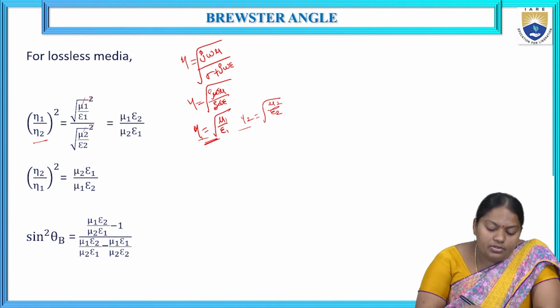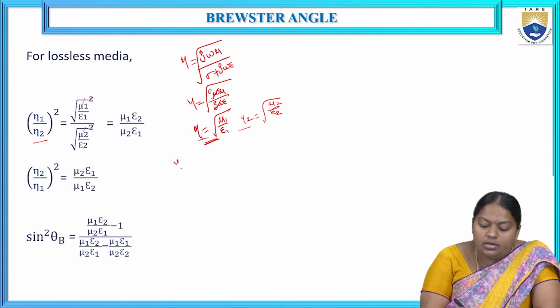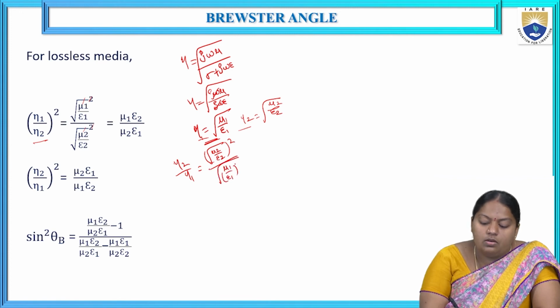Now similarly for eta 2 by eta 1. Substituting, eta 2 by eta 1 equals root over mu 2 by epsilon 2 whole square by root over mu 1 by epsilon 1 whole square. Here also the square root gets cancelled: mu 2 by epsilon 2 into epsilon 1 by mu 1.